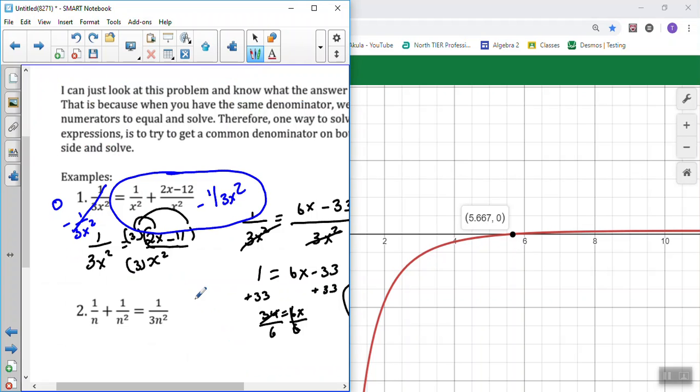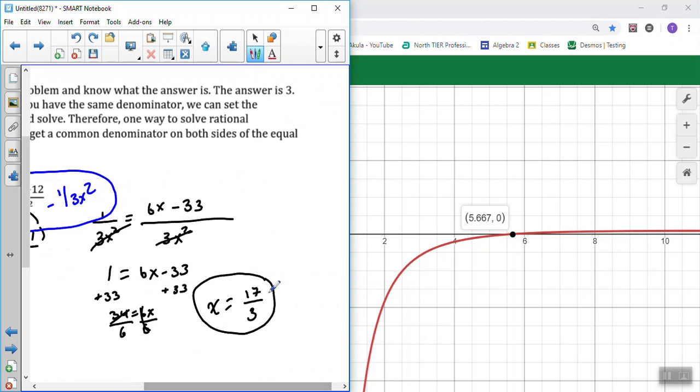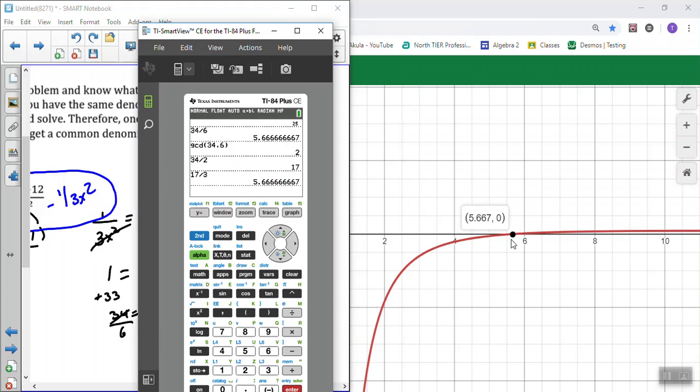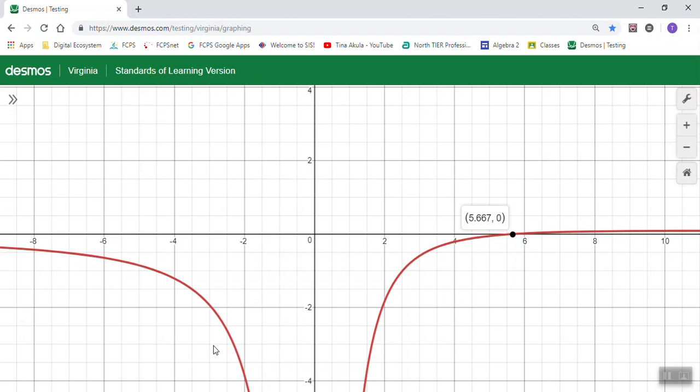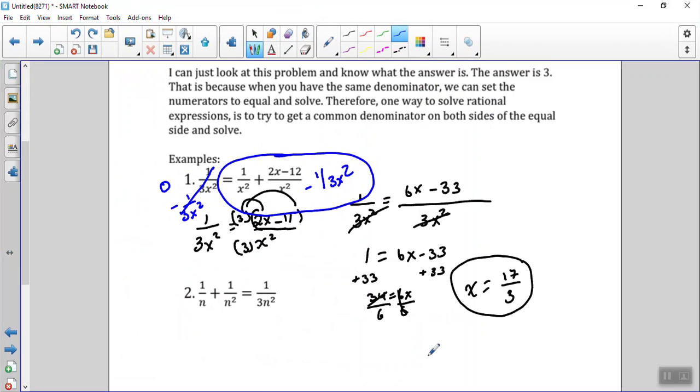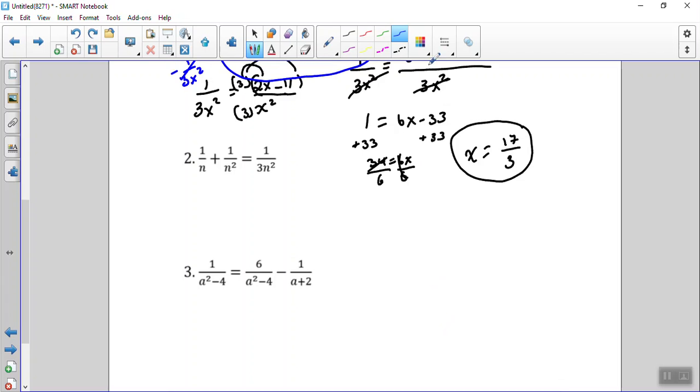And if you remember our answer, 17 over 3, in the calculator, 17 divided by 3 is the same thing as my x-intercept here. So that's another way you can find your answers: put everything on one side of the equal sign and then just graph it.